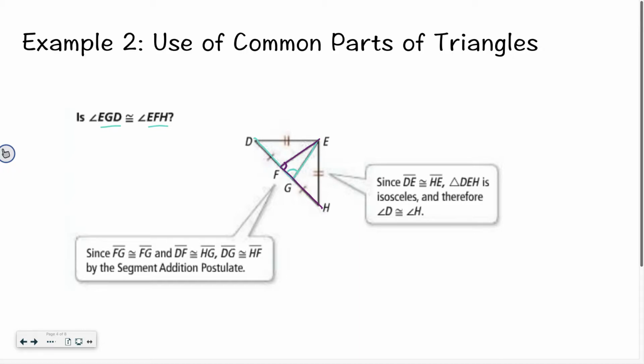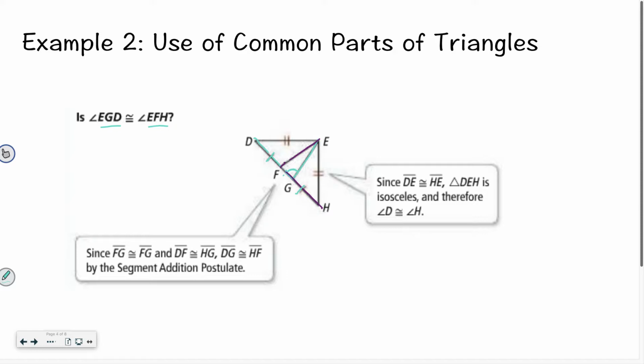If we look at all of the information, I can see that I have a lot of congruent sides. FG is congruent to itself. FG is congruent to FG. And DF would be congruent to HG. And DG is congruent to HF.